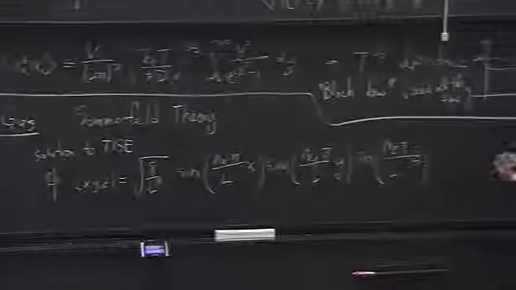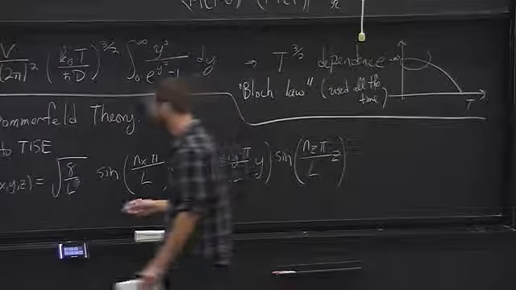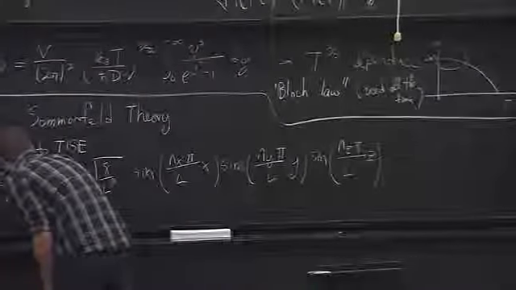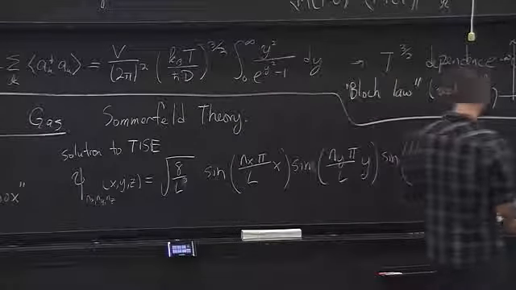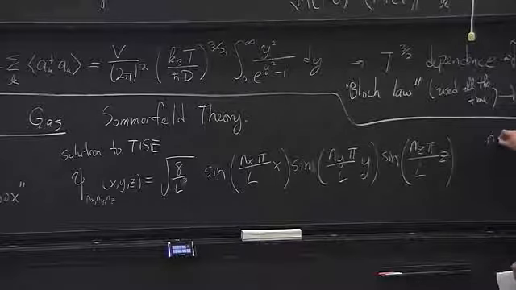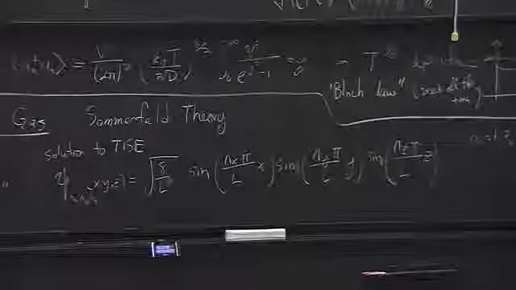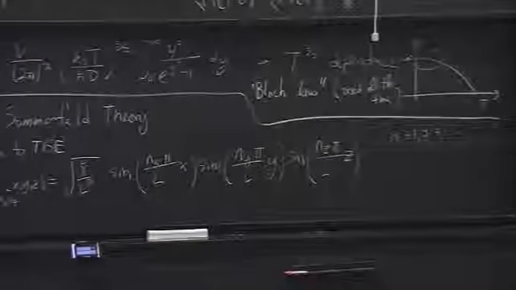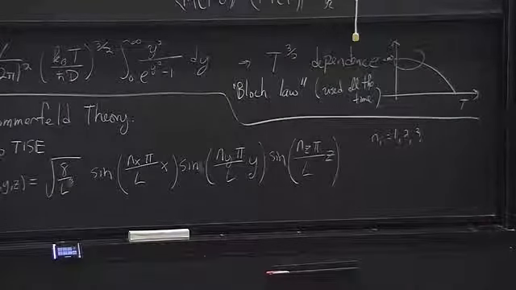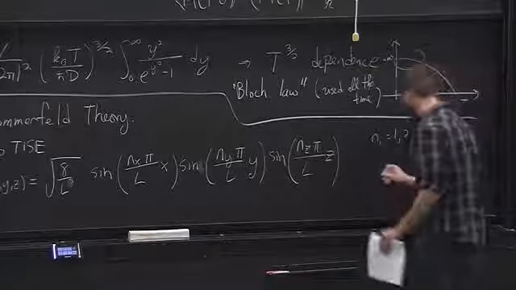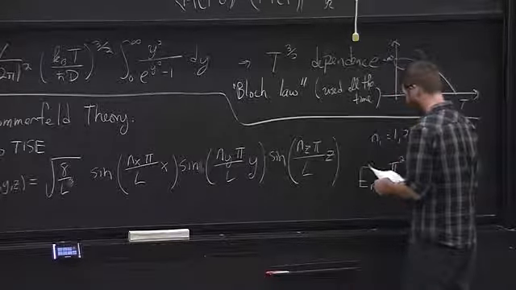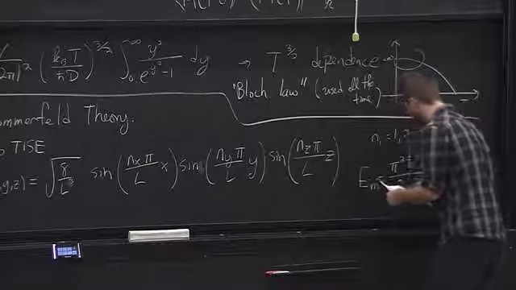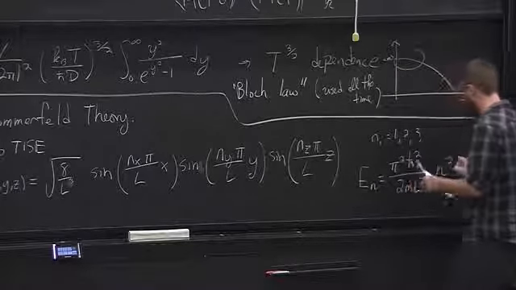So the wave function is labeled by nx, ny, and nz, where those are integers. That's your quantization. This is just undergraduate, you know, Griffiths, and I've been using it all along. I'm just writing it explicitly.